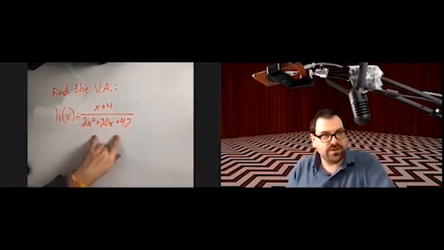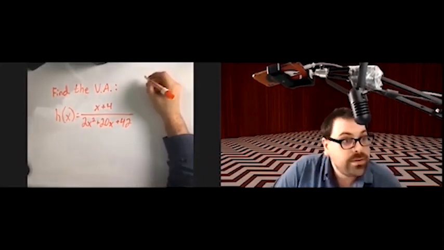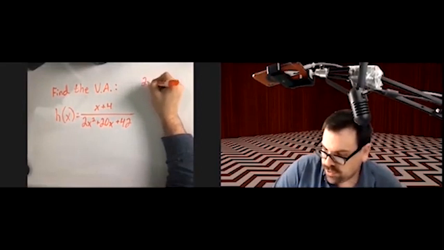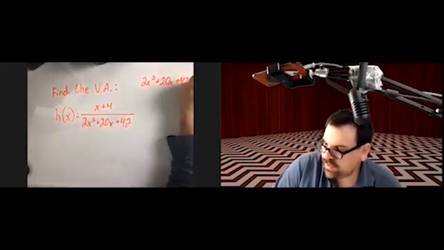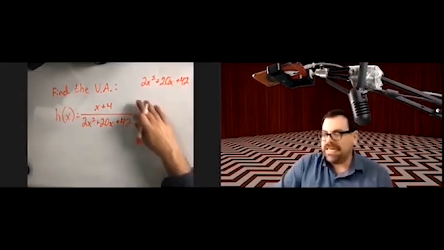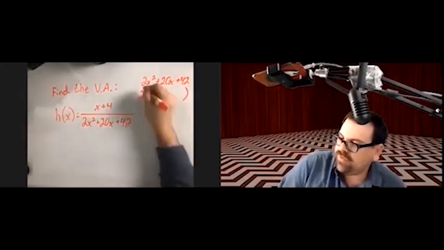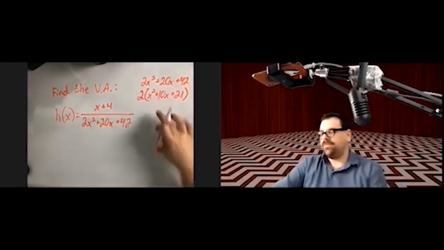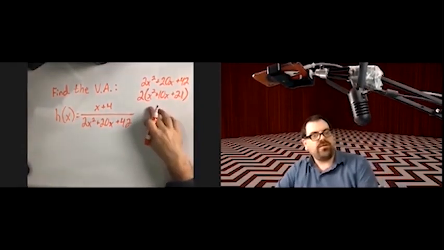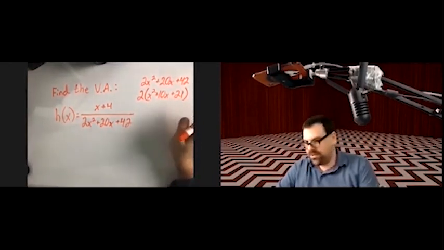If we factor the bottom, and I'll do this over here, 2x squared plus 20x plus 42. We need to factor the 2 out first. We see we have a common factor, bringing us to x squared plus 10x plus 21. If you don't factor the 2 out first, you won't get the correct factorization.